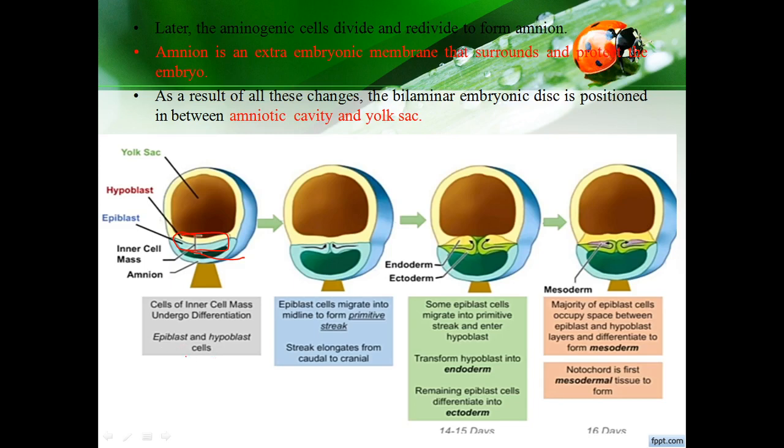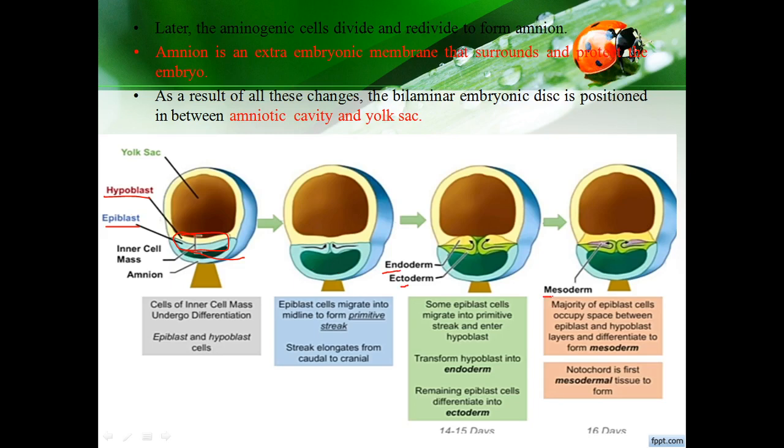So what is the process of gastrulation? Gastrulation occurs about 15 days after fertilization, in which the bilaminar embryonic disc, which has two layers, the first one the hypoblast and the second one the epiblast cell, is transformed into the trilaminar embryonic disc, that means the ectoderm, mesoderm and endoderm.